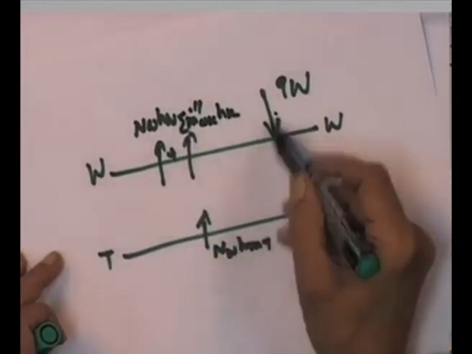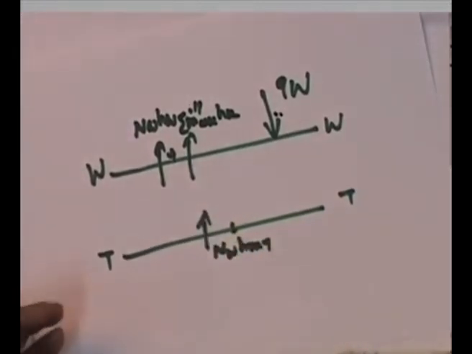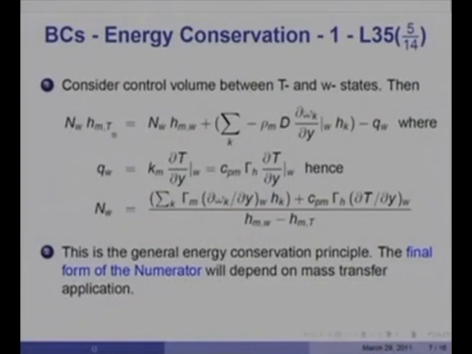So if I equate the influxes with outgoing fluxes, I would get the form which I show here. So this is the incoming flux, q_W is also the incoming flux, which should be on this side, and N_W is equal to h_mW, and this is the diffusion flux of species k multiplied by the enthalpy that goes with it of the species k.